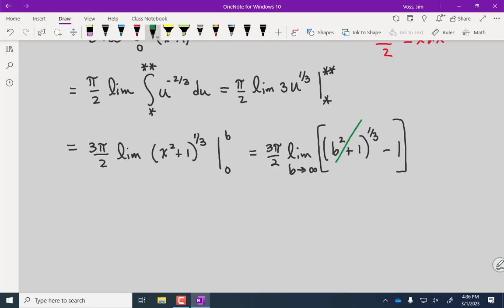So that's all going to infinity. And infinity minus 1 goes to infinity, and infinity times 3 pi over 2 goes to infinity. So this is infinite. So we have a divergent integral, which is what we suspected by looking at the graph, because that graph didn't look like it went to x very quickly.